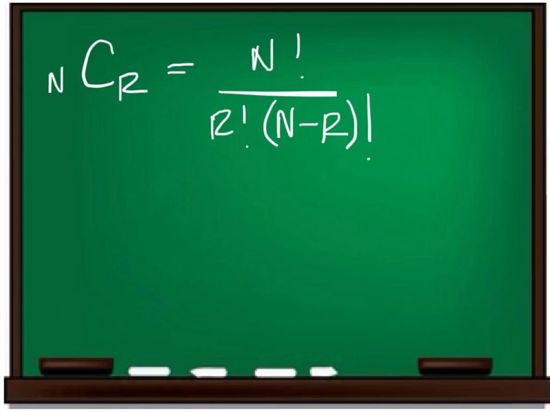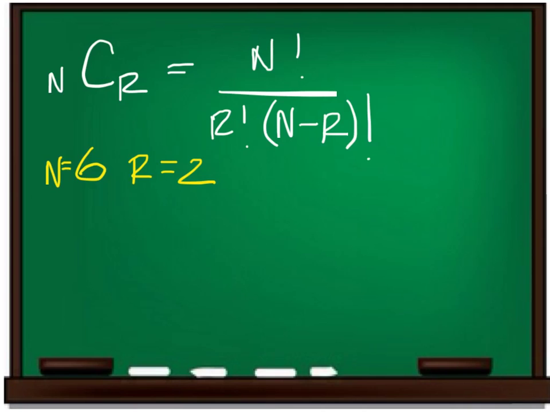Alright, here's the example, and we're not going to use a word problem with it. We're just going to do the math behind it, and then I'll give you problems with words that you have to use the formula for. So in this problem, n is 6 and r is 2.